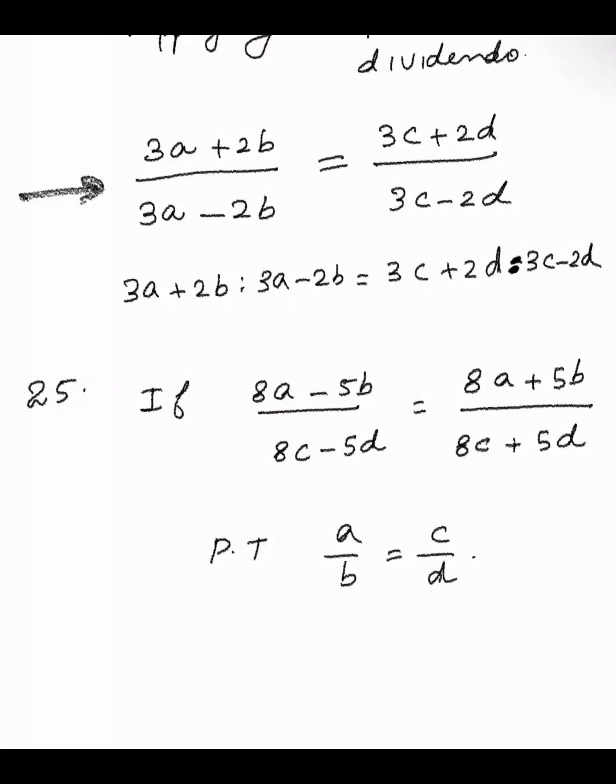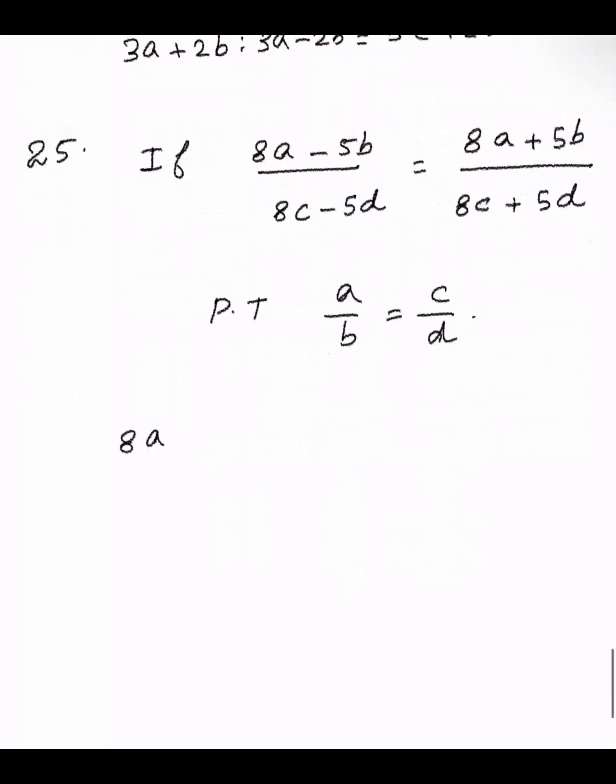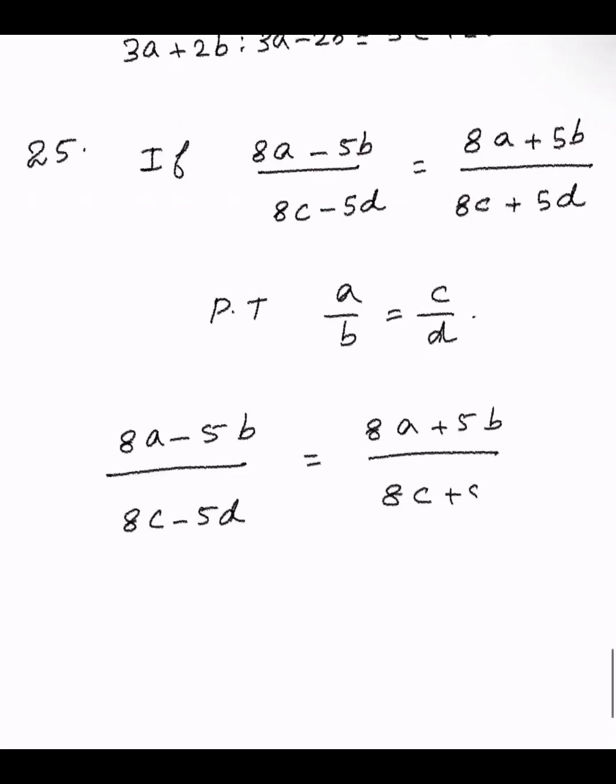So here, look at this. 8A minus 5B divided by 8C minus 5D equal to 8A plus 5B divided by 8C plus 5D. This is what is given to you. But if I am applying componendo and dividendo, we always apply componendo and dividendo to get rid of one term.